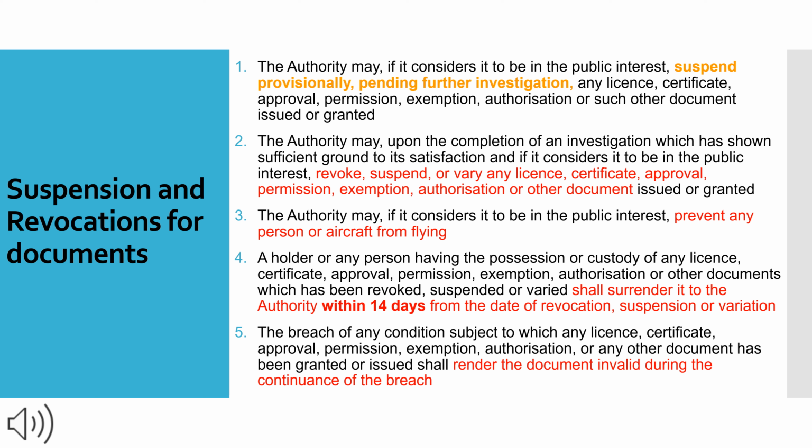And the authority may, if it considers it to be in the public interest, prevent any person or aircraft from flying. A holder or any person having the possession or custody of any license, certificate, approval, permission, exemption, authorization, or other document which has been revoked, suspended, or varied shall surrender it to the authority within 14 days from the date of revocation, suspension, or variation.